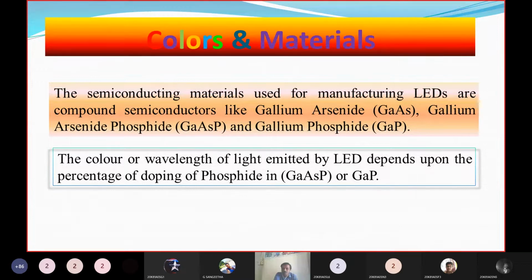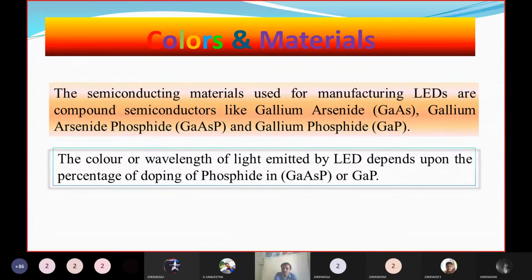The band gap is between the valence band and conduction band. If you change the doping concentration, the band gap of the material also changes.